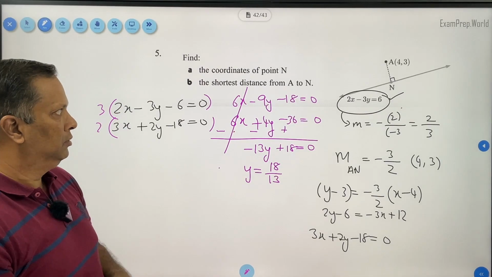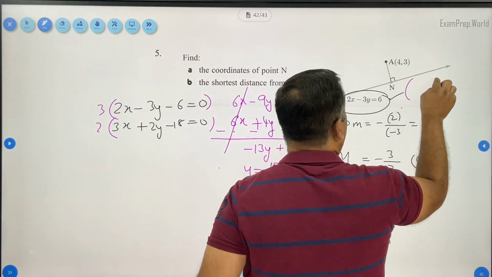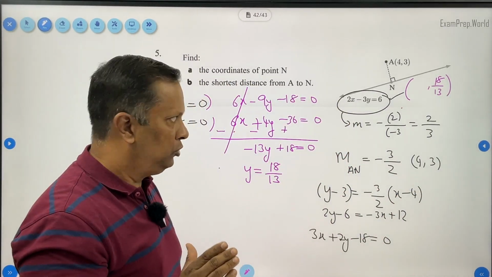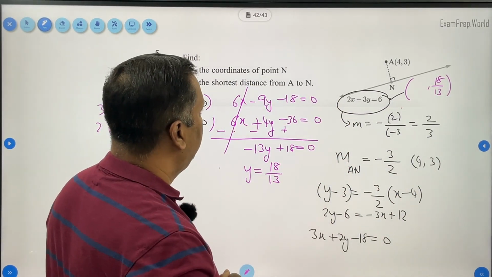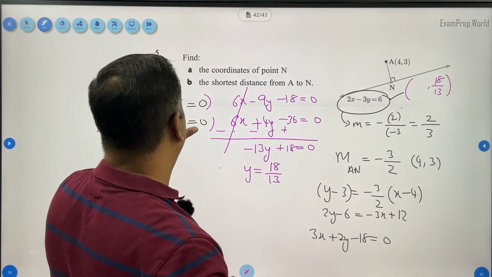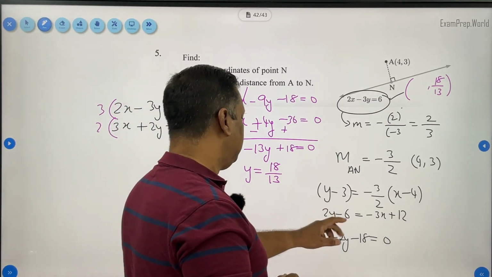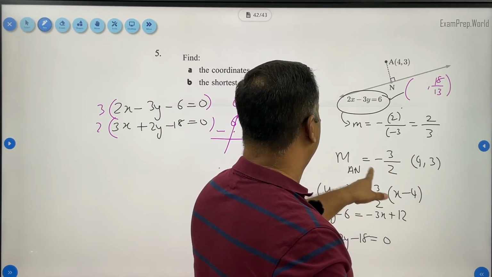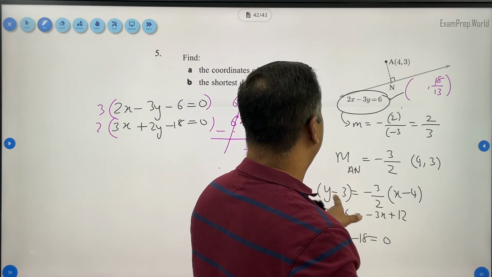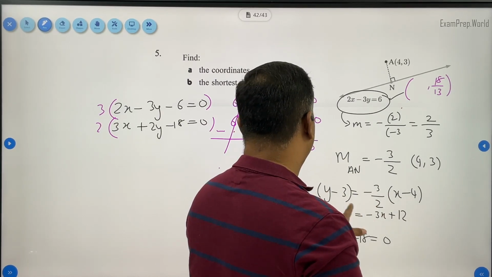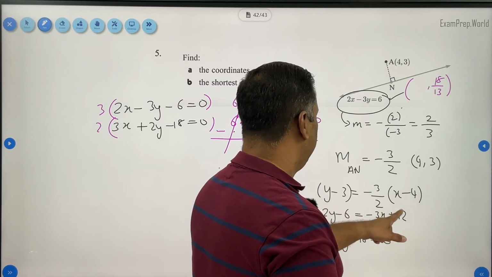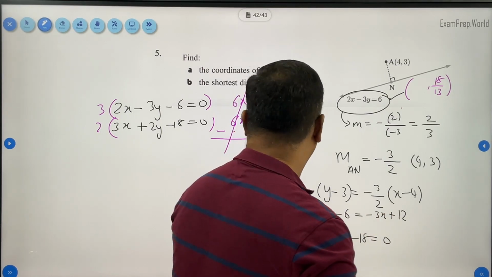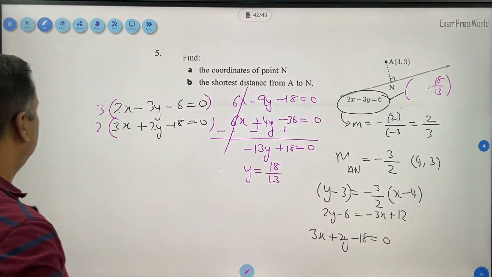So the y coordinate we have got is 18 by 13, but I still have my doubts, so let me check this once again. We had 2x minus 3y minus 6 equal to 0, and the other one is 3x plus 2y minus 18 equal to 0.